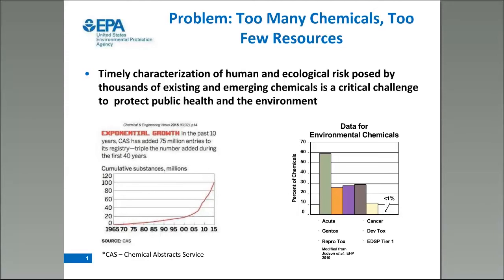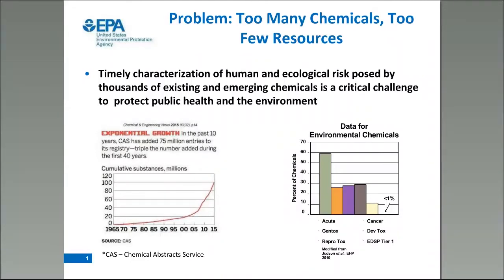And the graph on the right just shows that we have a lot of data available on many chemicals, but a lot of it is in specific toxicity classes. So we have 60% of chemicals on various EPA lists or lists of environmental chemicals, due to either the chemical class or the potential exposure, that have acute toxicity data, but usually less than 30% for the other types of data for cancer, gene tox, developmental tox, and others.